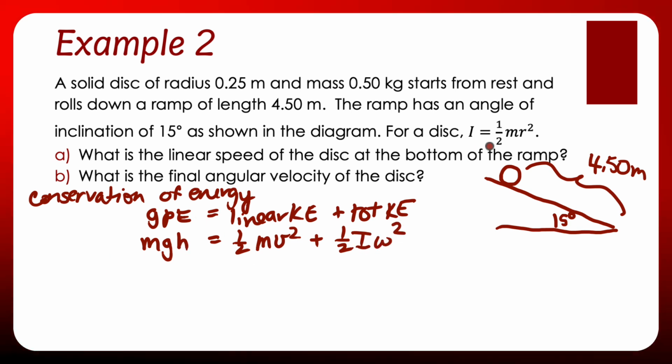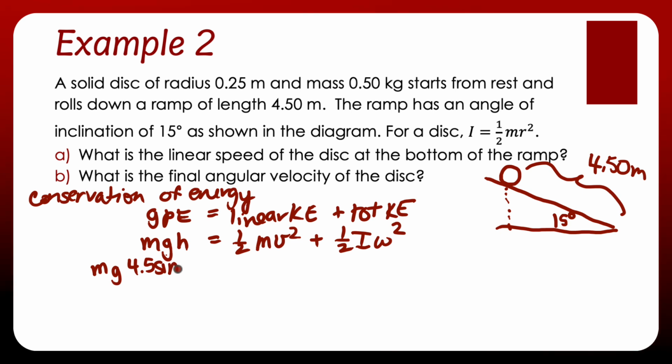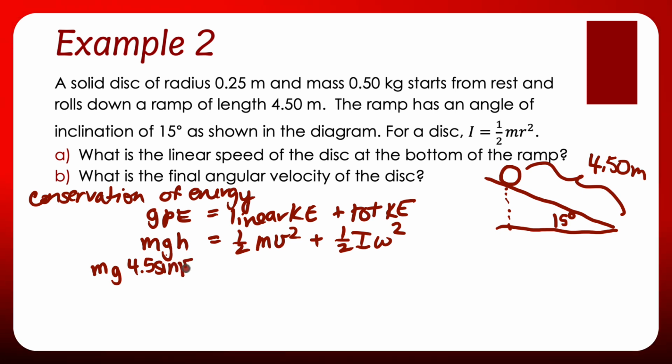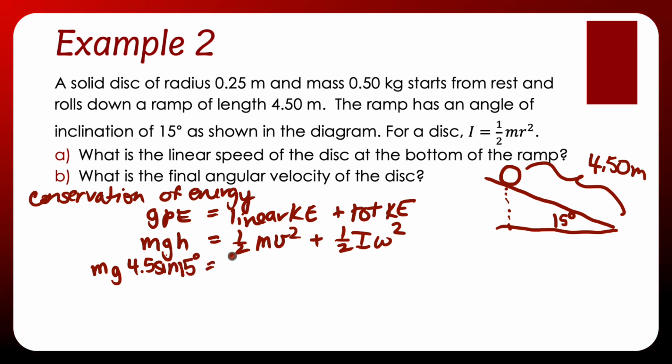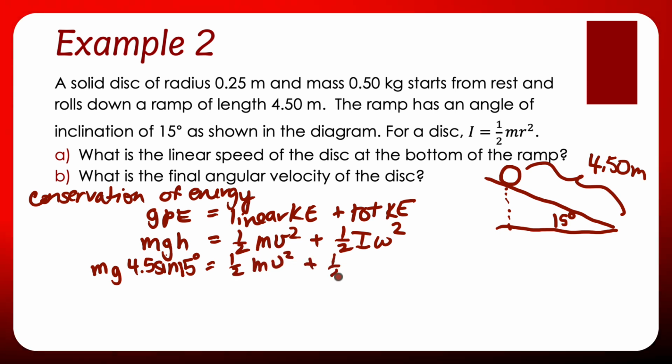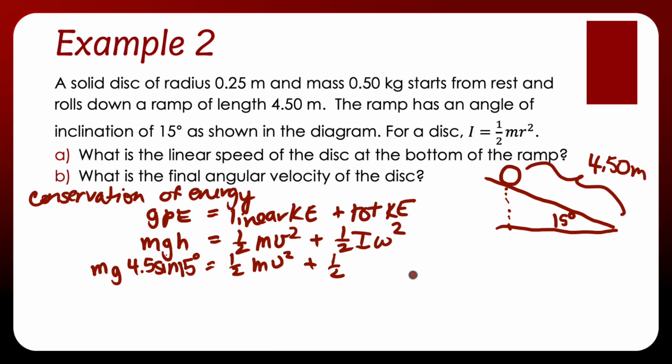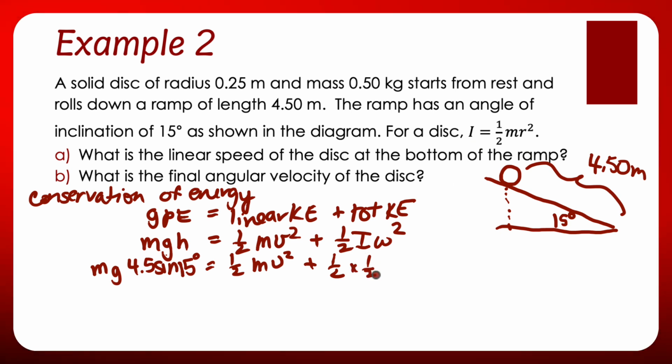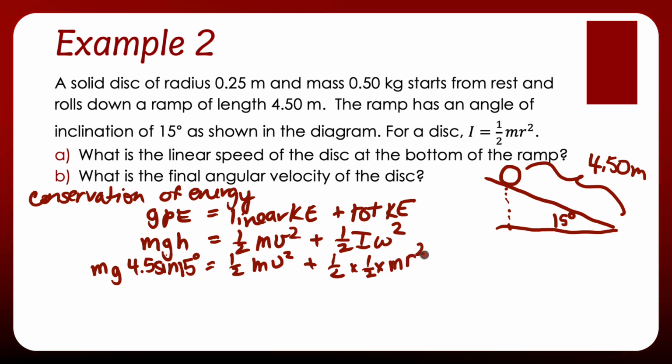Now, the height will be opposite over hypotenuse, that would be 4.5, and that will be sine, because it's opposite and hypotenuse, sine 15 degrees. Then 1/2 mv squared. For my I right here, 1/2 times mass times r squared, times omega.